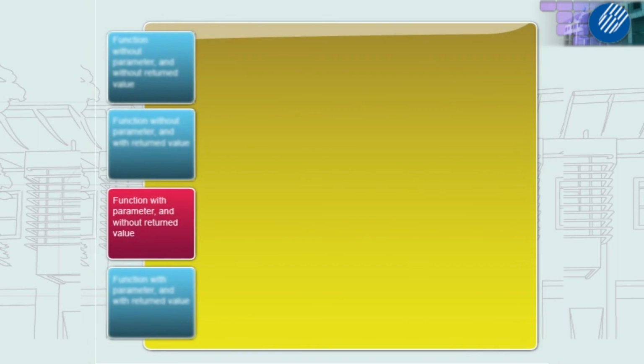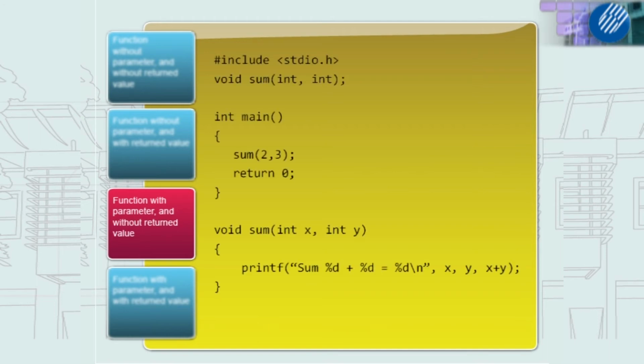Now we move to the function that is called with parameter, but without a return value. Notice that the function call has two parameters, integer values 2 and 3. The values will be copied to the arguments in the sum function heading, which are written as x and y.